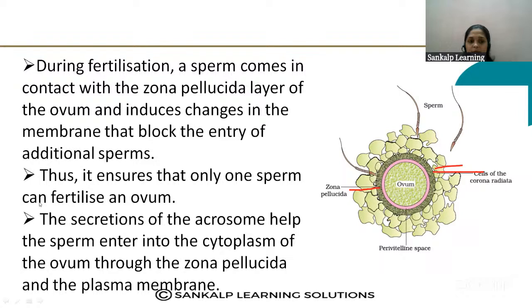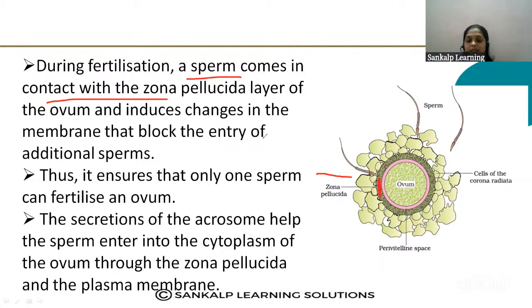Then how is the sperm able to fuse with the ovum? So during fertilization, what happens? The sperm first contacts the zona pellucida layer. When it has passed through the corona radiata, it should then pass through the zona pellucida layer. This is the zona pellucida layer.